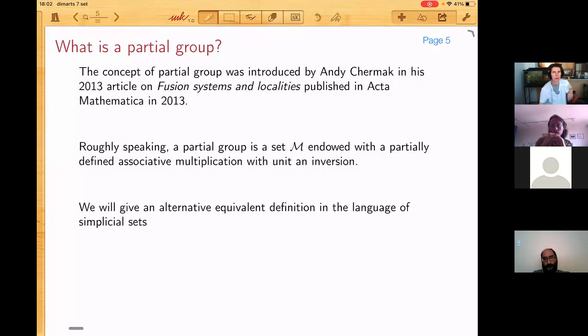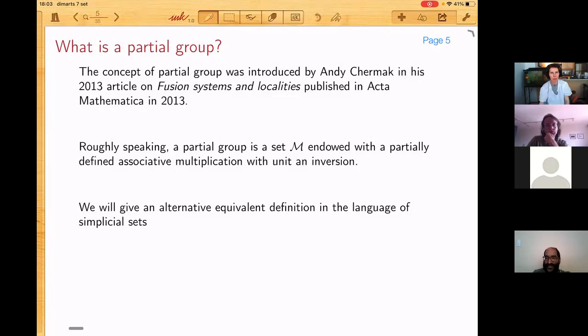But in order to do that, he told me once, well, he's an algebraist, let's say, and he said, well, linking systems are categories, and these are not familiar objects to algebraists. So I turned this into partial groups and localities, which is more appealing to algebraists.